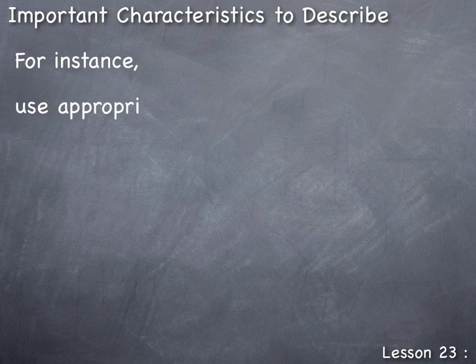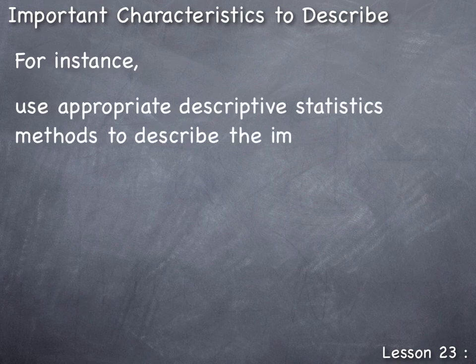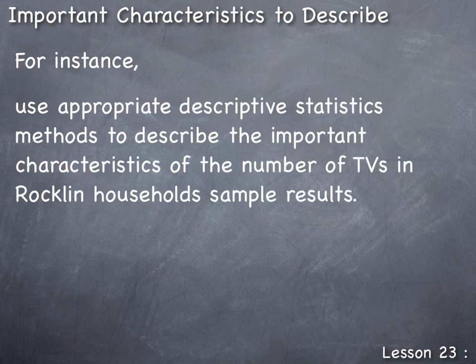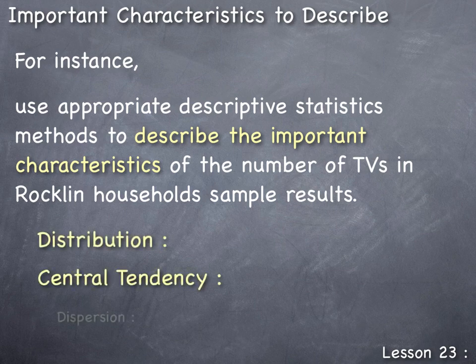For instance, use appropriate descriptive statistics methods to describe the important characteristics of the number of TVs in Rockland household sample results. So when describing the important characteristics of data, we need to describe three aspects: the distribution of the data, the central tendency, and the dispersion.